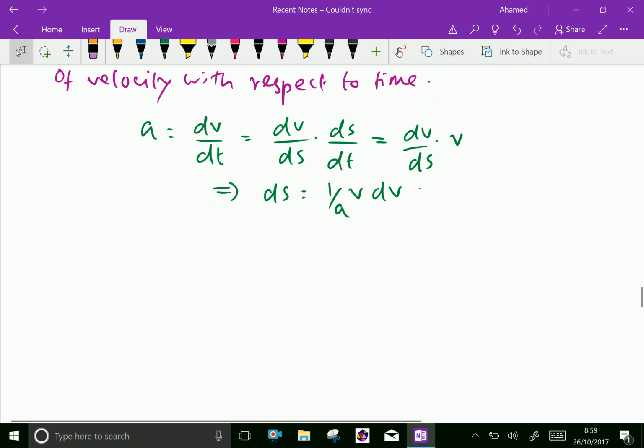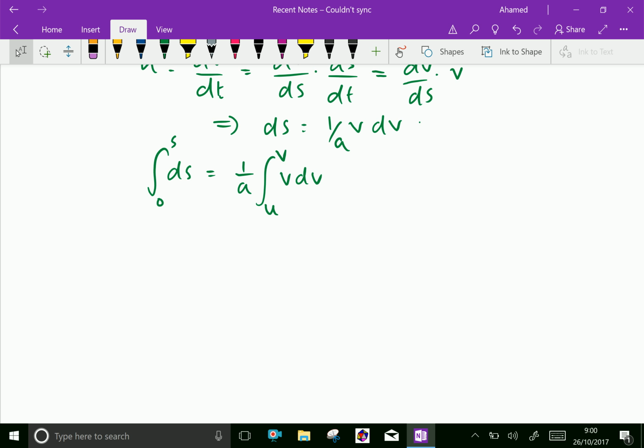Now integrating both sides, the integral of ds with the limit 0 to s equals 1 by a times the integral of v dv with limits u and v. Initial velocity is u, final velocity is v. Now s equal 1 by a times v squared by 2 with limits u to v.